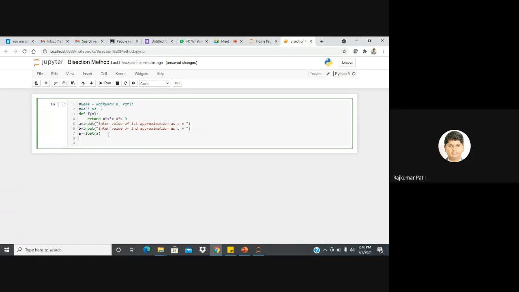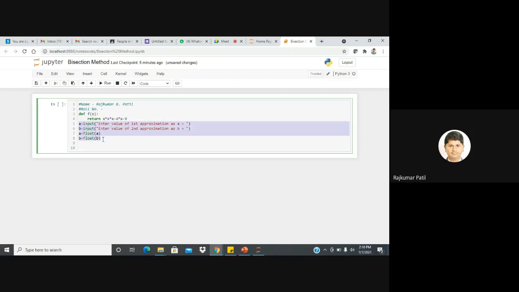For simplification and understanding purpose, I wrote this. Again, we will assign data type to the value of b. So now b becomes float. Instead of 4 lines, you can write only 2 lines and assign the value to a and b. You can do that.